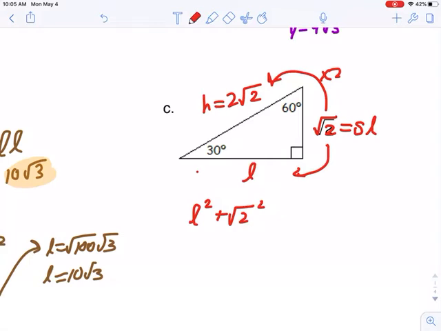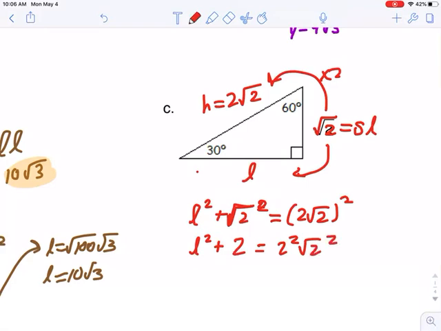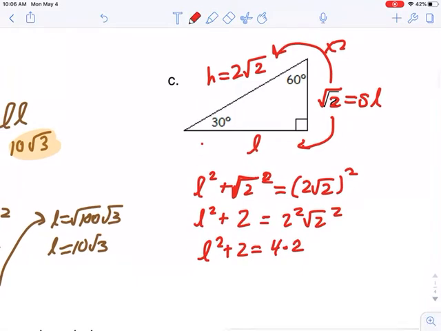L squared plus radical 2 squared equals 2 square root of 2 squared. L squared plus the square root of 2 squared, which just makes that 2, equals 2 squared times radical 2 squared. So we're going to have to simplify this right-hand side. 4 times 2.